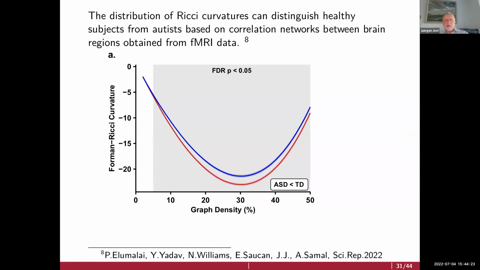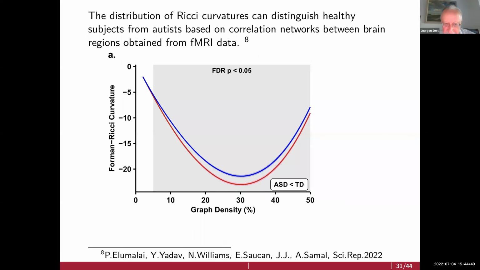And again, we looked at the correlation networks between brain regions obtained from fMRI data, as I had explained. And you see, we can distinguish through the distribution of Ricci curvatures quite clearly the autistic subjects, corresponding to the red curve, from the healthy subjects, corresponding to the blue curve.